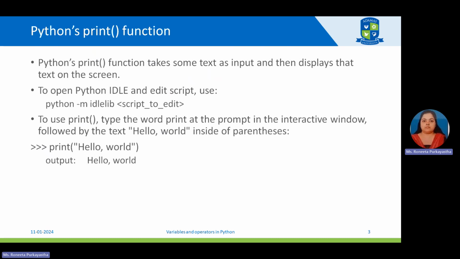Like in C, you have to write #include stdio.h as the first line of the program, then define the main function and write printf, passing the message inside the parentheses. In C++ also you have to include the library, using namespace std, then create a class and call cout to display a particular message.